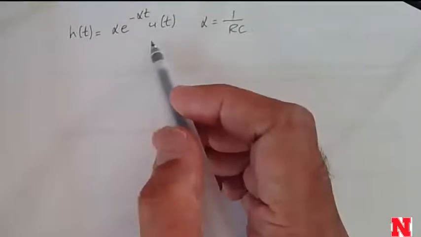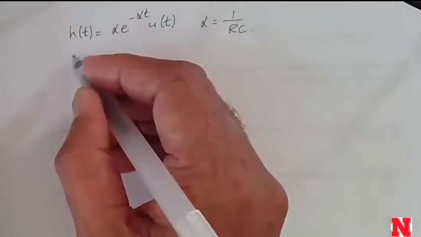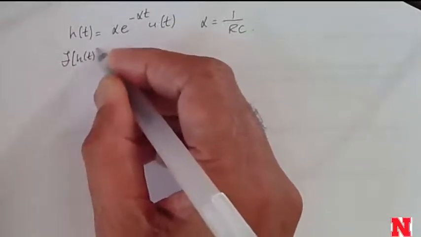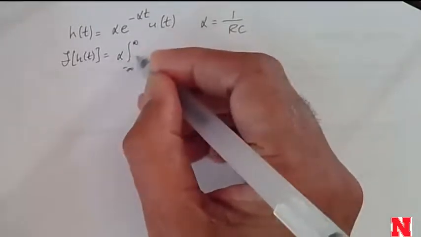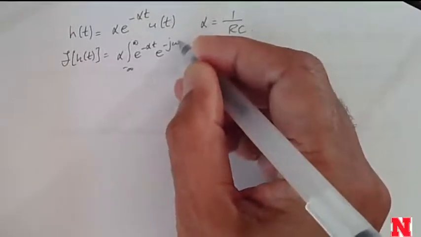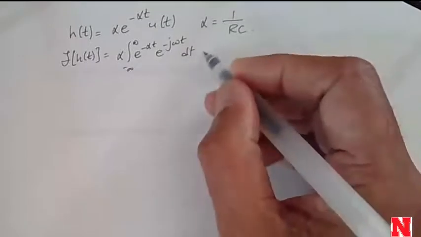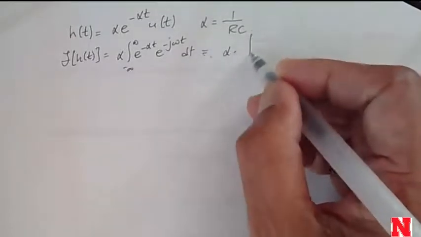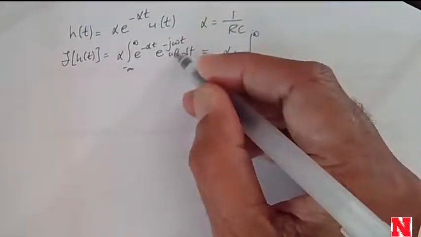So the Fourier transform of this is the integral from minus infinity to infinity of alpha e to the minus alpha t, e to the minus j omega t dt, which is equal to alpha times the integral from minus infinity to infinity, and there's a u of t here.